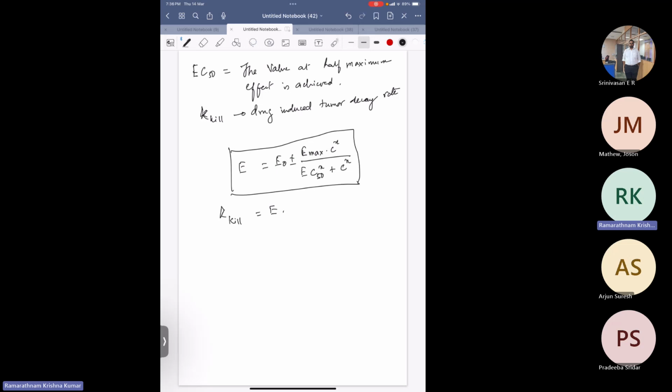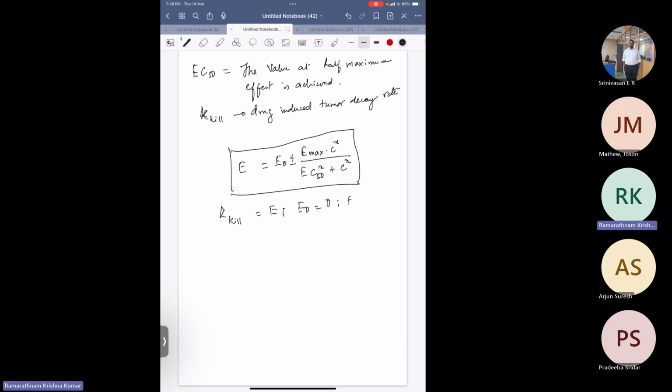Both of them are the same, so I'm expressing it in a different fashion. So K kill is E. And the base value E naught is the base value, which is not going to kill anything. Nothing is going to be killed, so that's 0.